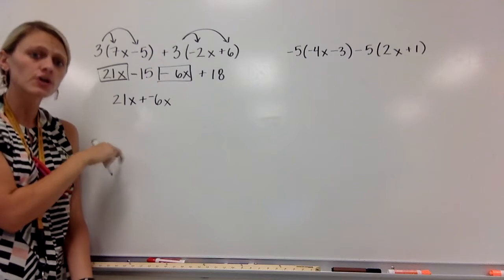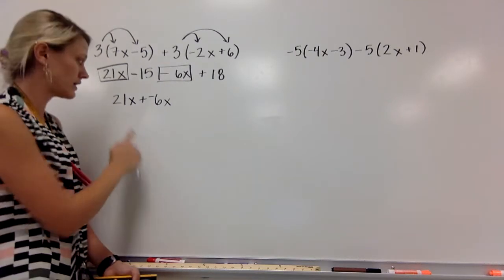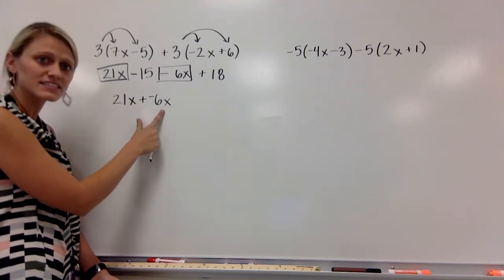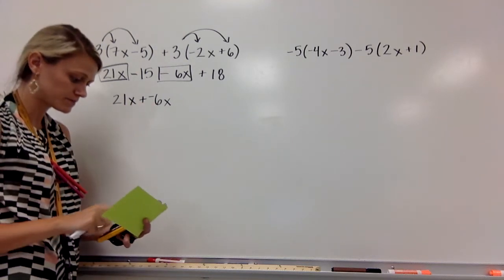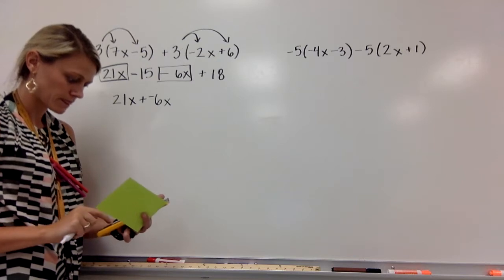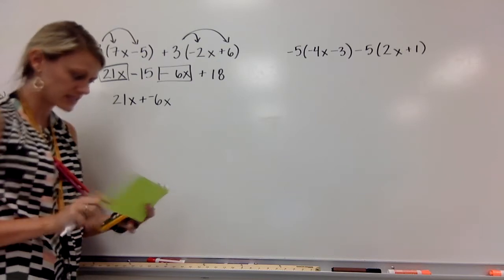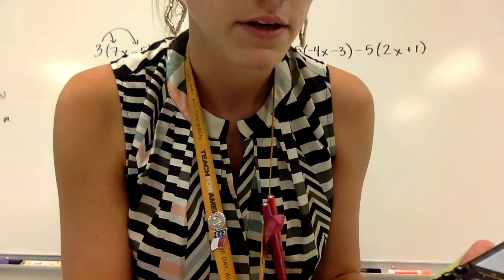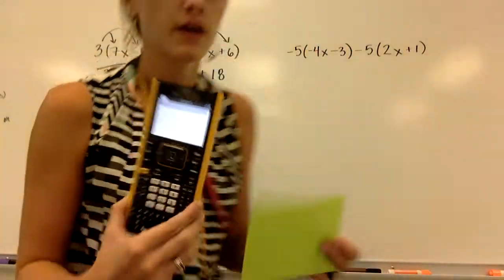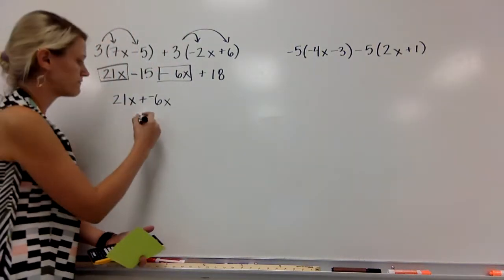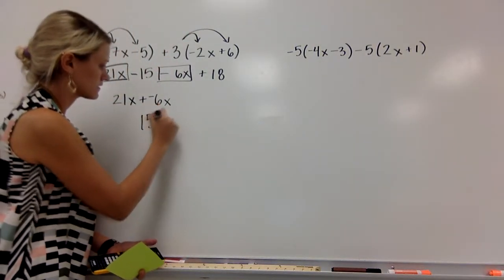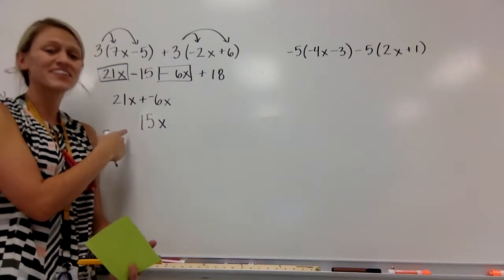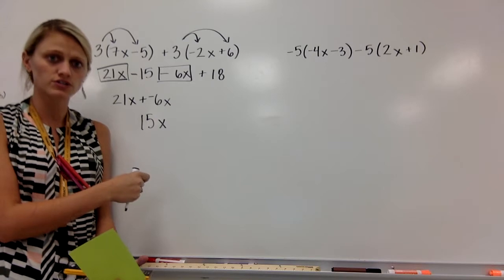In our calculator, we could literally just type in 21 plus negative 6. Should look like this. I can press enter. And this is 15x's. So even if you're good with negatives, this is a super easy way to check your answer.